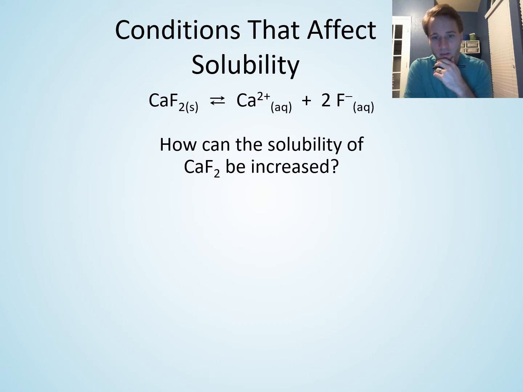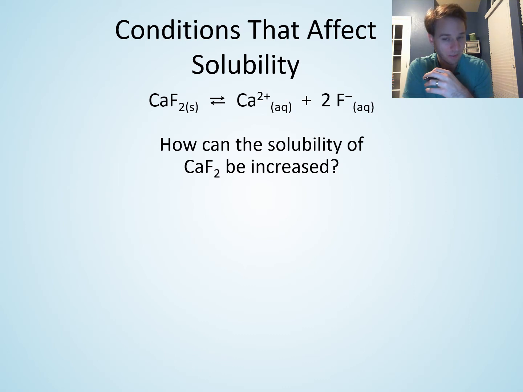But instead, what would happen if somehow I reacted that fluoride with something? When this calcium fluoride breaks apart, the fluoride forms in solution. Let's say I remove some of those fluoride ions by reacting them with an acid.